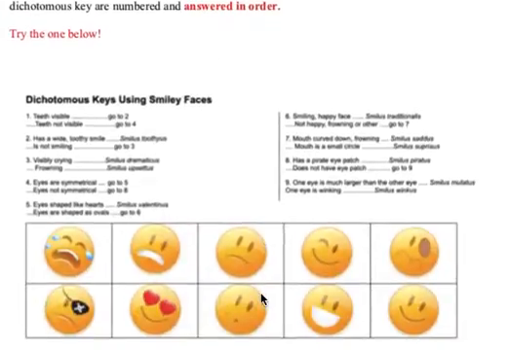So here is an example of smiley faces. So dichotomous keys using smiley faces, you have the first 2 choices, teeth visible or teeth not visible. So if you look at that first smiley face, we're going to do this one together. That first smiley face, the teeth are visible, so we go to 2. Then we have 2 options.